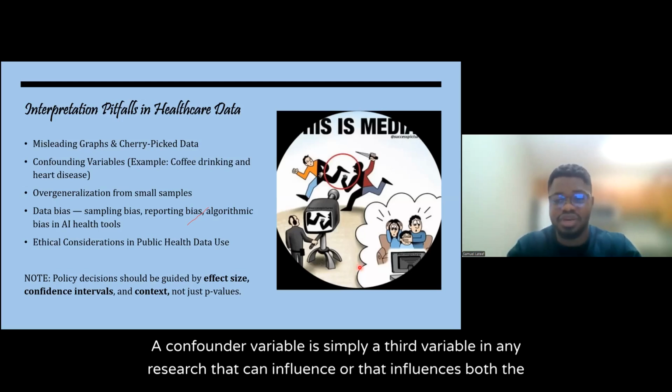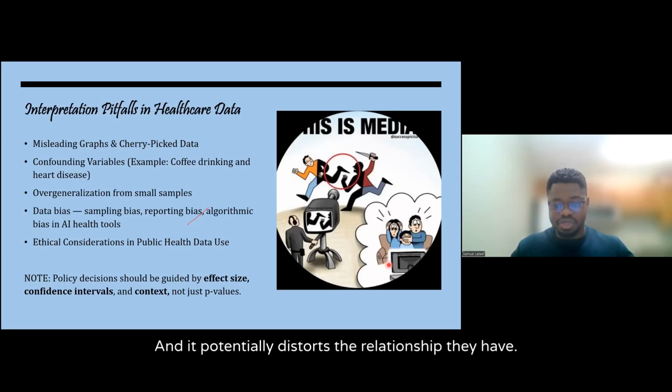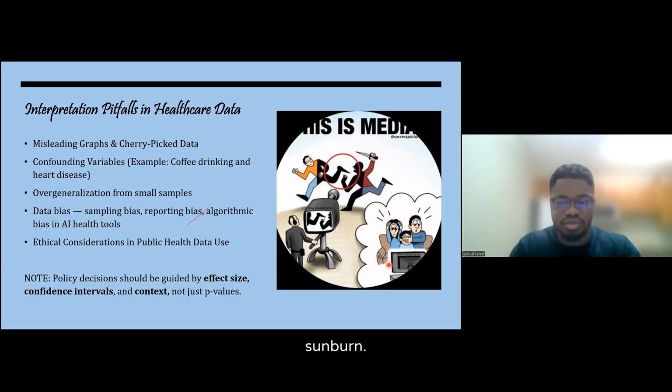A confounder variable is simply a third variable in any research that influences both the independent and the dependent variable. And it potentially distorts the relationship they have. For example, a common example is you are trying to see if there's a relationship between ice cream and sunburn.